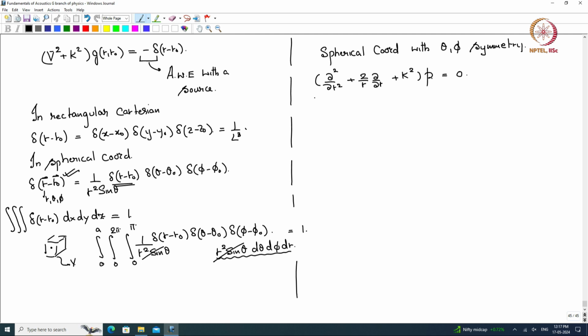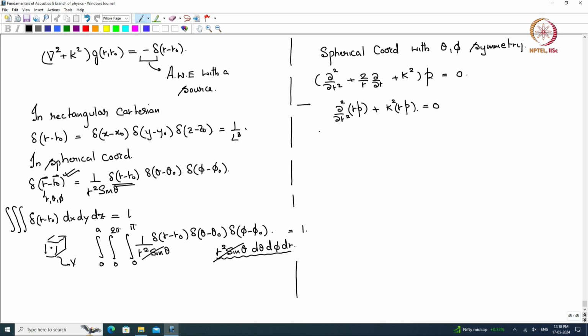Okay. Now we will do something else. Suppose I had ∂²/∂r² of (r times p) plus k² of (r times p) equal to 0. Then what would this be? Let us open this out and see what happens.